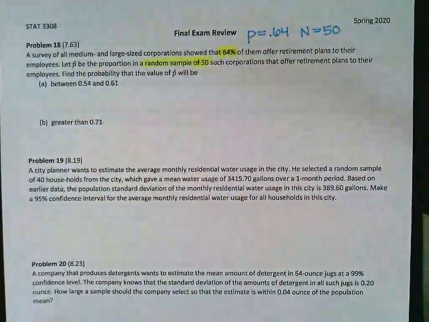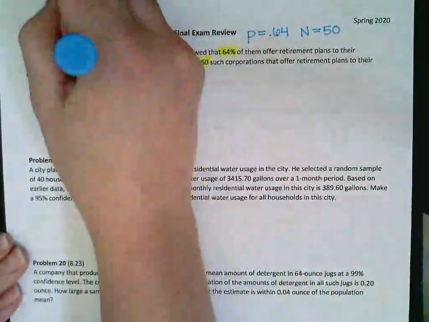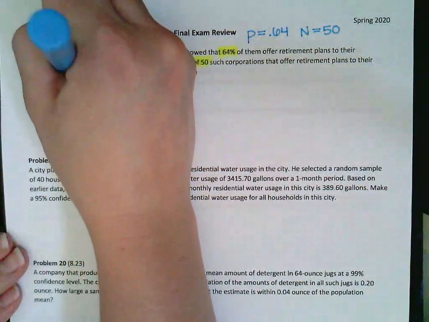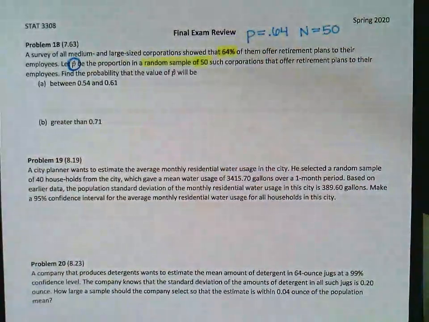But we're not looking at what's going on within this one sample of 50. I'm looking at if I take thousands and thousands of samples of size 50 and calculate their proportions, what is that going to look like?